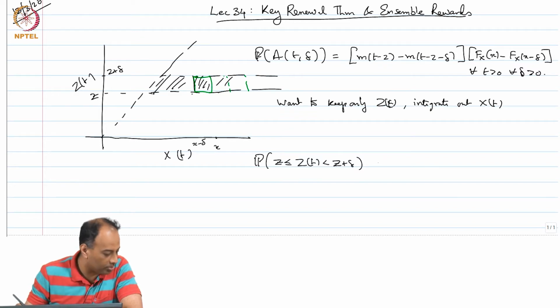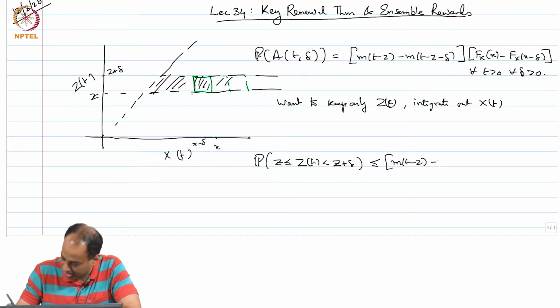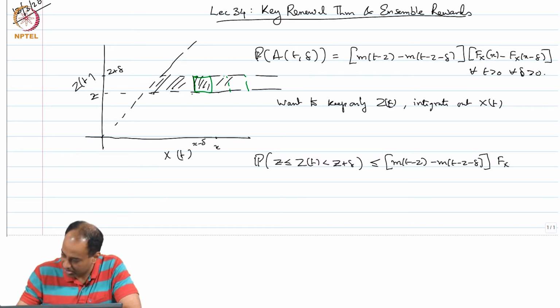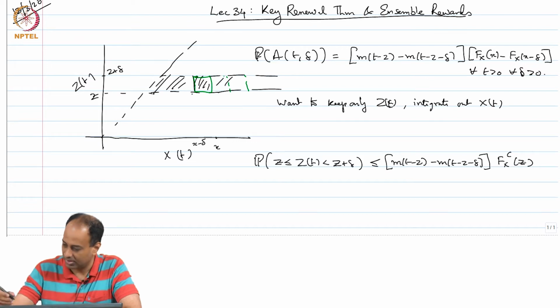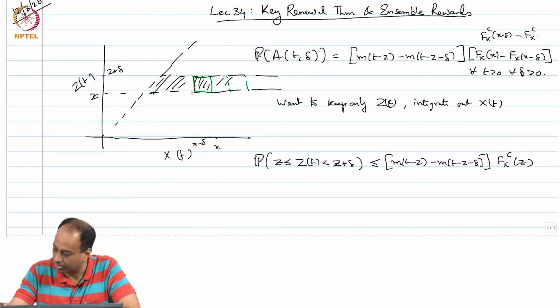An upper bound is m(t minus z) minus m(t minus z minus delta) times F_X complement of (z minus delta), which can also be written as F_X complement of x minus delta minus F_X complement of x.